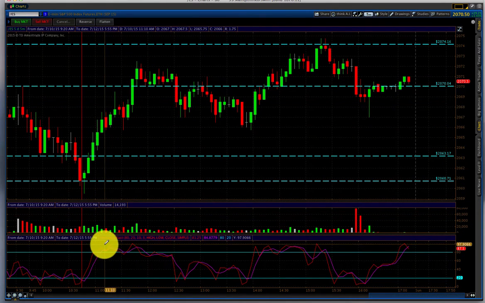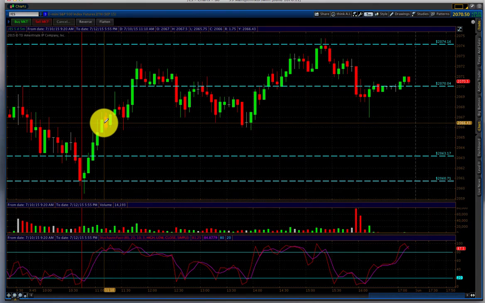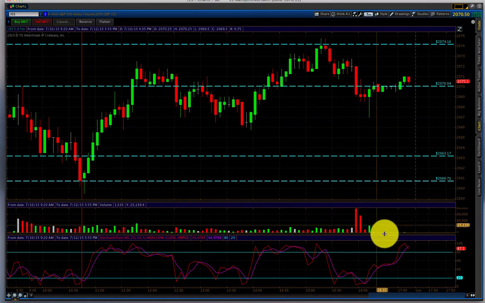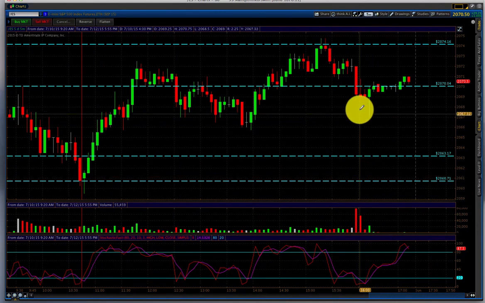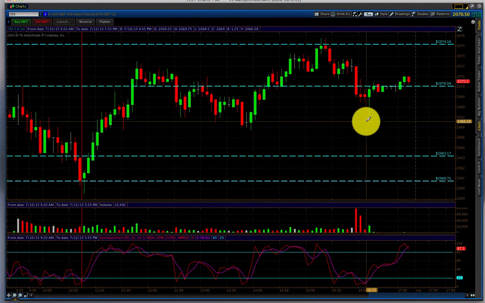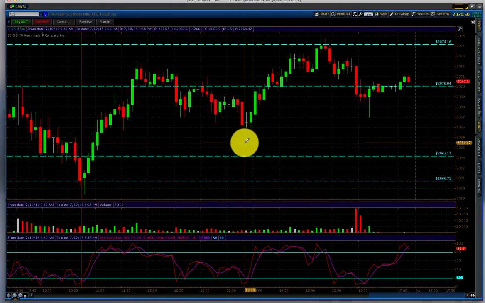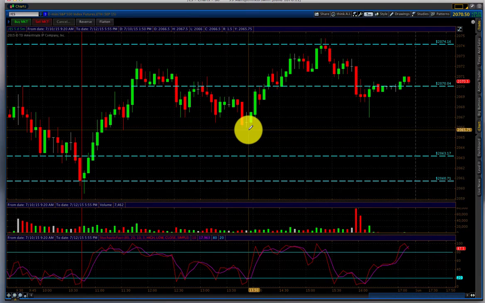Signal gets a little hairy in here, so you probably would have still 6 points. Yeah, even into the close, you get this signal here, 2069, 2071. This is a big move right here.